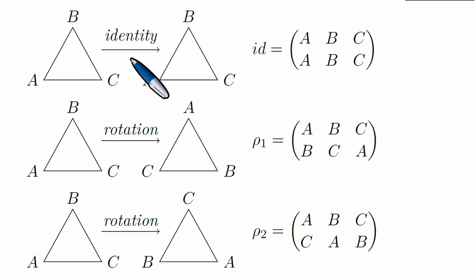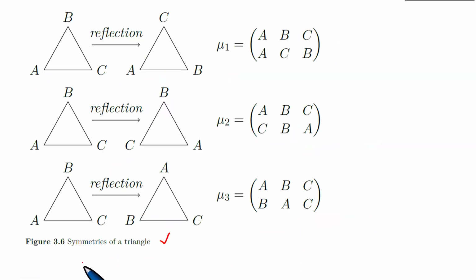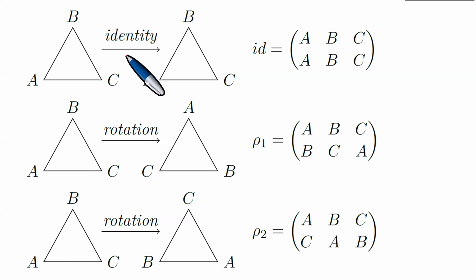The identity rigid motion, because we're dealing with the symmetries, what you call the identity symmetry. What does it do? It fixes the vertices. A is fixed, C is fixed, B is fixed. So all the vertices are fixed, and this is called the identity symmetry.